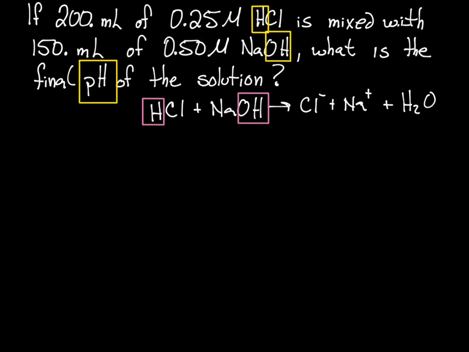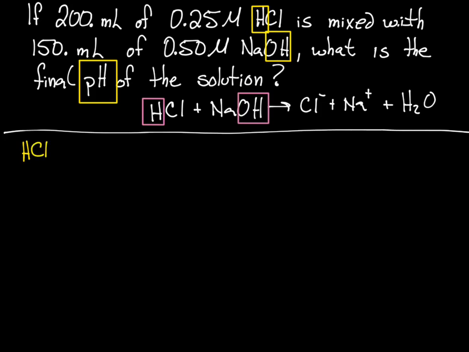All right, so if we start with the HCl, remember that molarity equals moles over liters, and we know the molarity and we know the volume in liters, so we should be able to figure out how many moles of HCl we have, which also tells us how many moles of H we have.